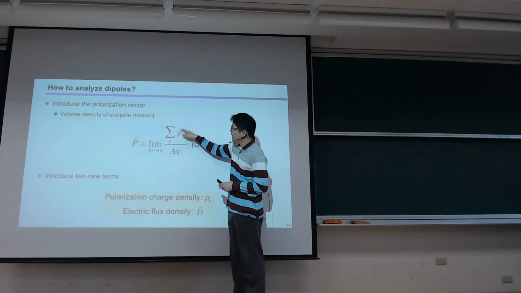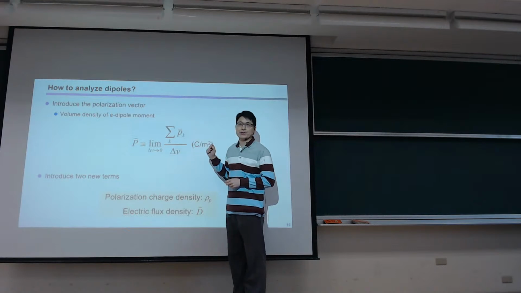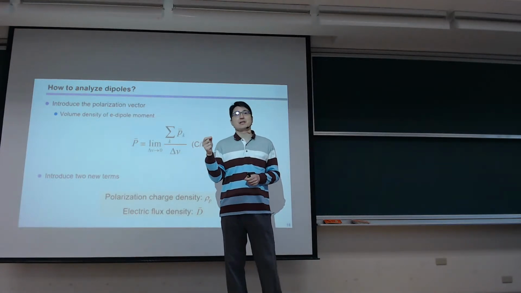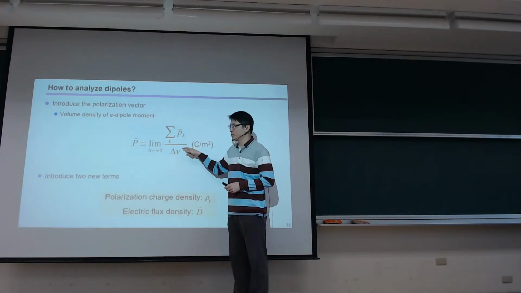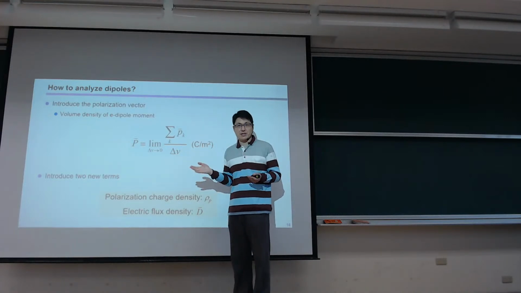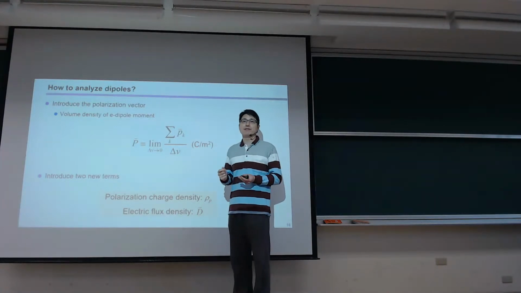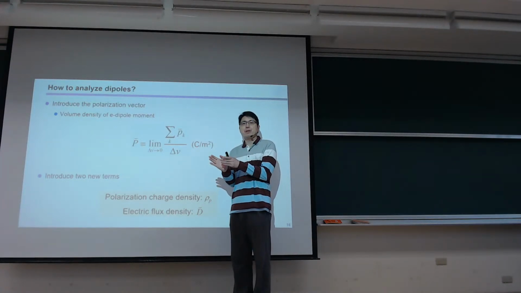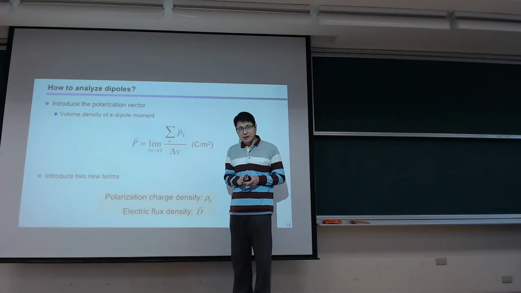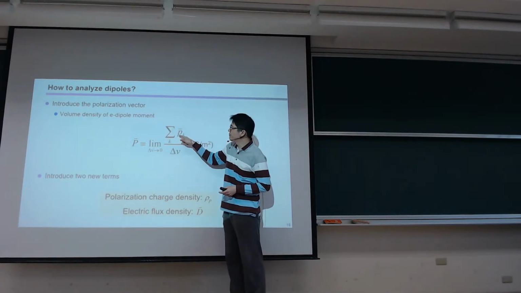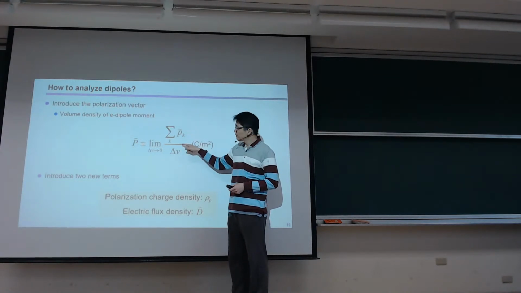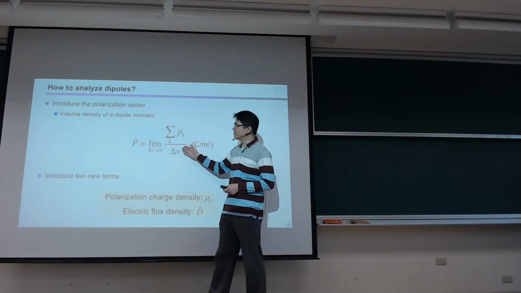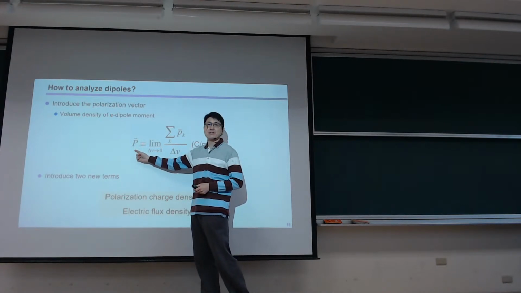The non-capitalized p vector is the induced electric dipole. Within every small volume, you might have 10 pairs or 100 pairs of induced dipoles, and they might be oriented in different directions. So the sum of all these induced electric dipole moments divided by your volume is defined as the polarization vector.